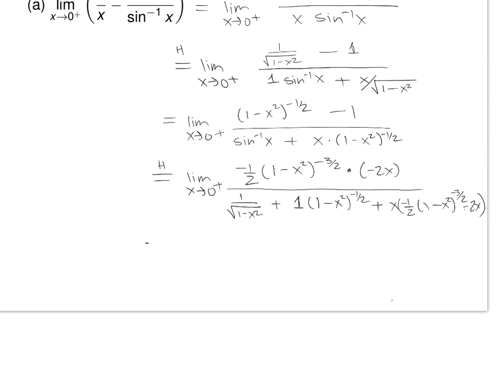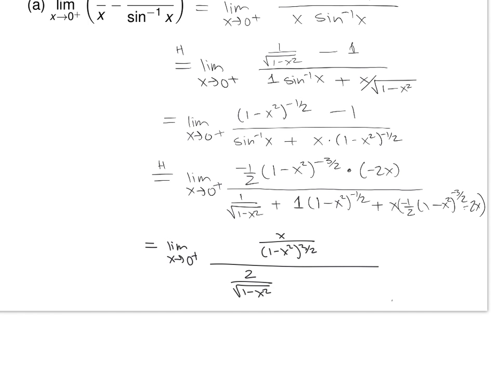Let's just simplify that a little bit. In the numerator, the negatives cancel, right? So do the 2's, yes? So you get x over 1 minus x squared to the 3/2. The denominator is, if I say 2 over root 1 minus x squared, does that make sense?